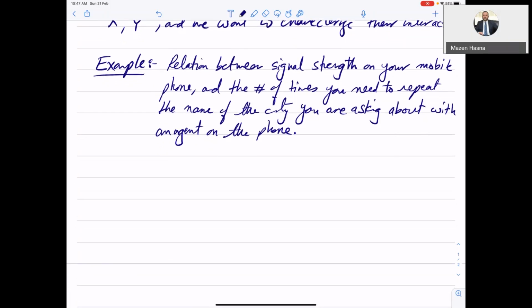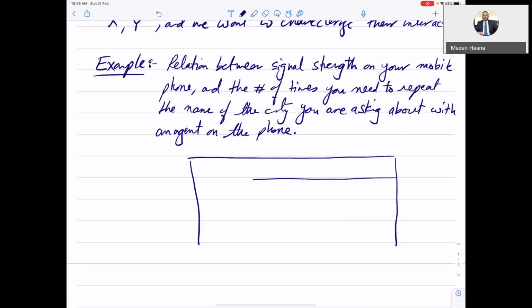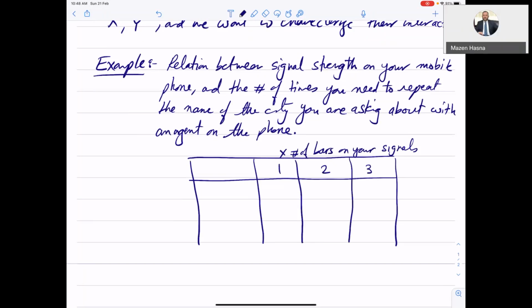We did some kind of statistics, and we found out that this can be described by: X is the number of bars on your signal, so it can be 1 bar, 2 bars, or 3 bars.